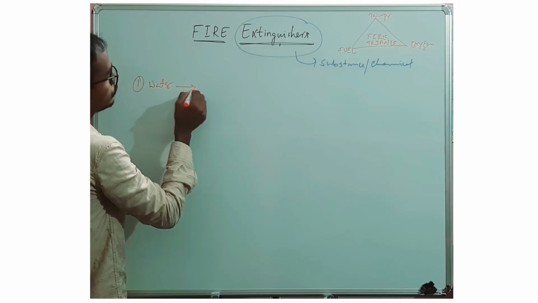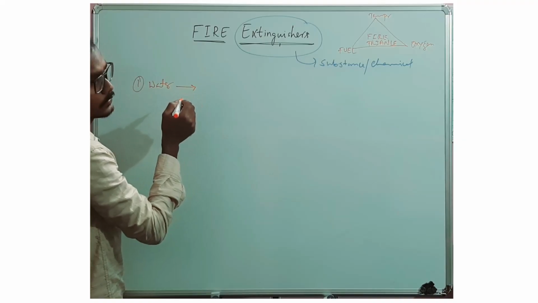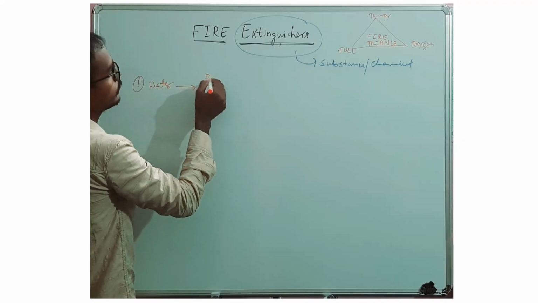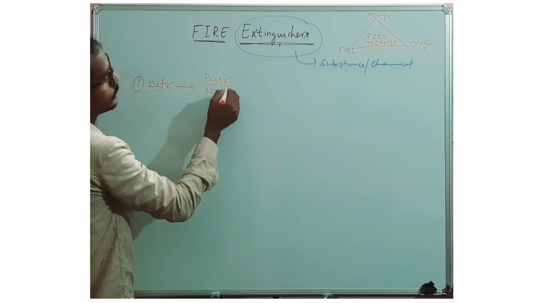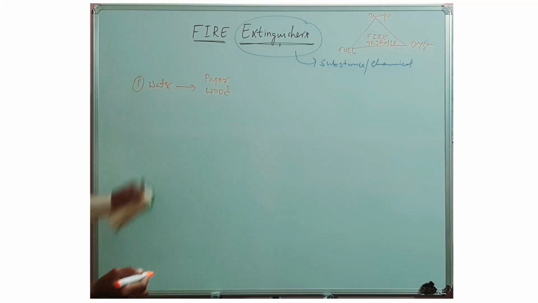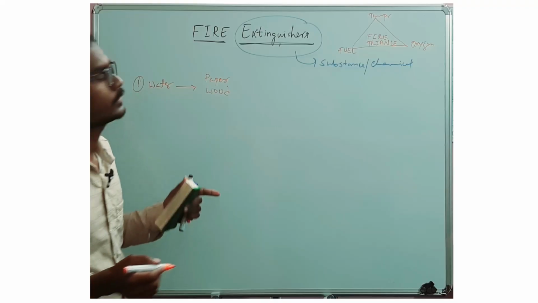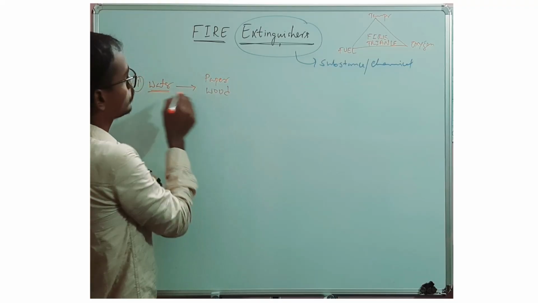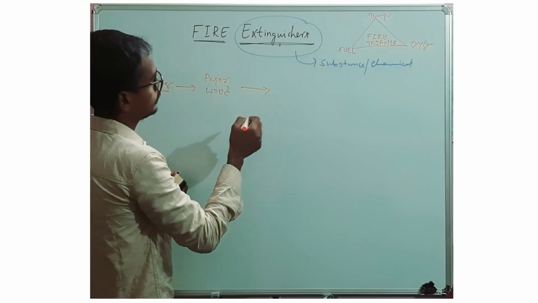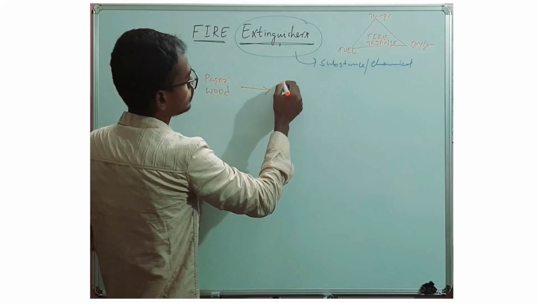The first extinguisher I mentioned is very common: water. We all use water as an extinguisher when paper is on fire or when wood is on fire, right? Why? How does water control the fire? By decreasing the temperature.